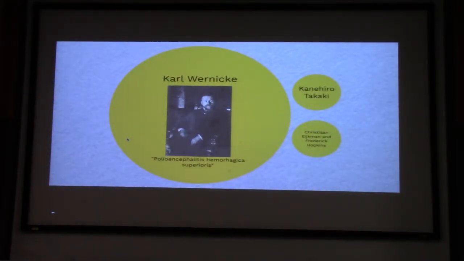And actually, in 1881, he described this as polioencephalitis hemorrhagica superioris. This was based on his autopsy findings of 3 patients initially, in which he saw some changes mostly in the brainstem.